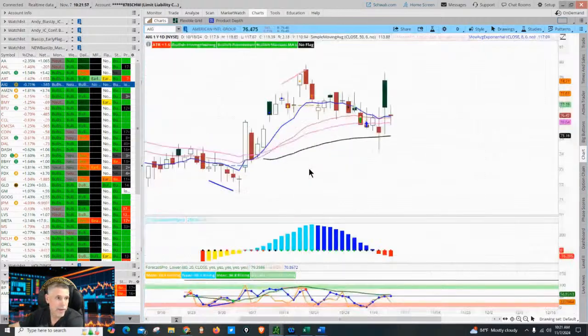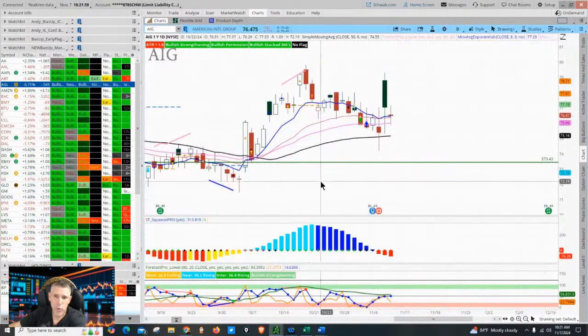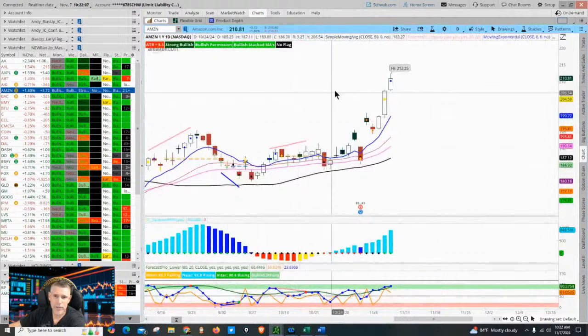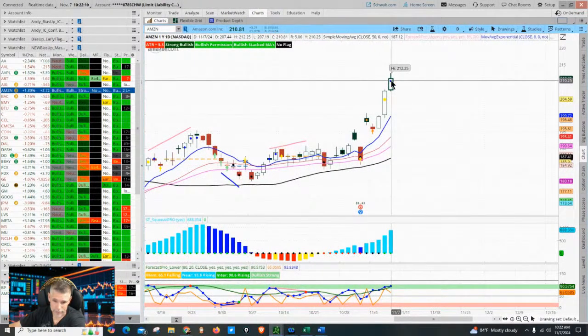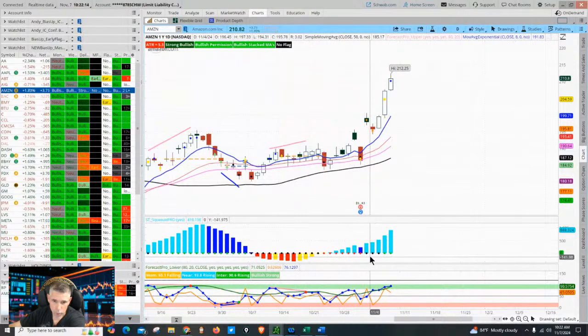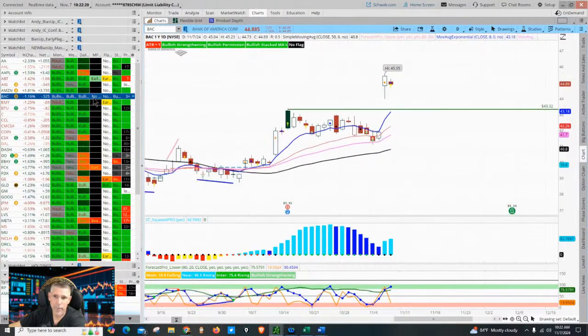AIG, squeeze. Beautiful mid-compression squeeze. Amazon, rocket ship, AKA no setup. Squeeze right down in this area. Bam, fired, gone.